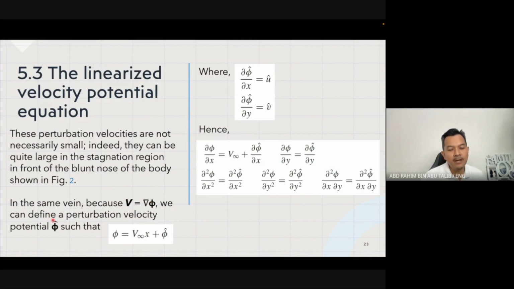We can define a perturbation velocity potential, phi hat, such that phi equals V infinity times x, the free stream velocity in the X direction, plus the perturbation velocity potential phi hat. We already know that the derivatives of the perturbation velocity potential in the x direction and in the y direction are equal to the perturbation velocities u hat and v hat.